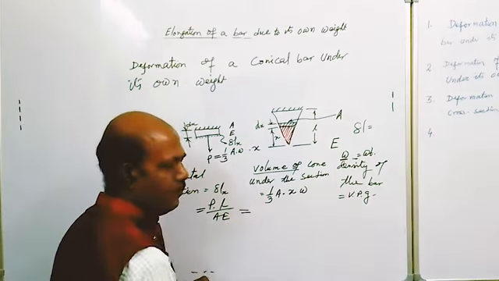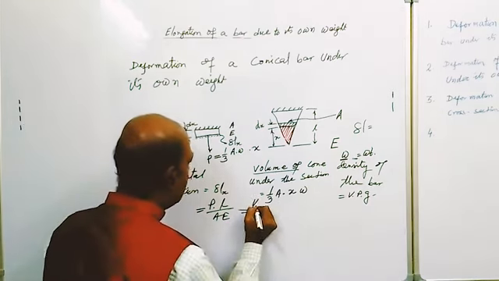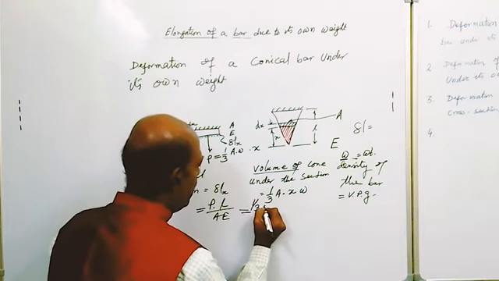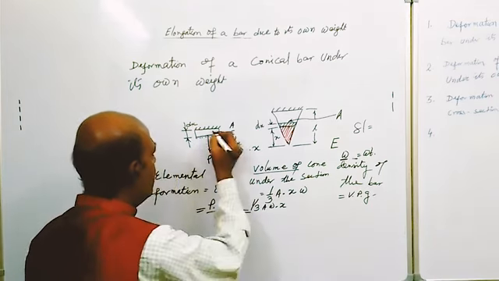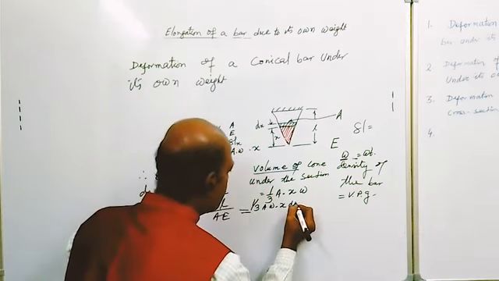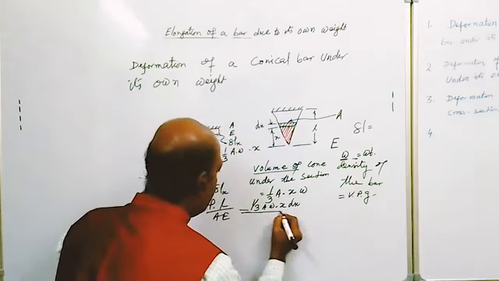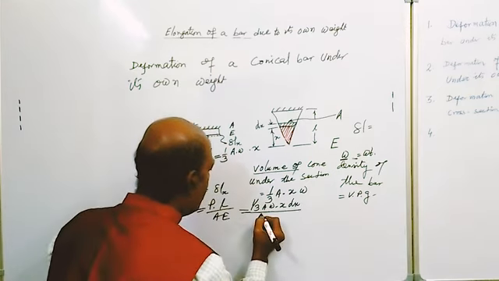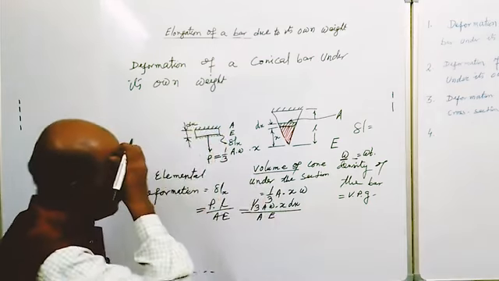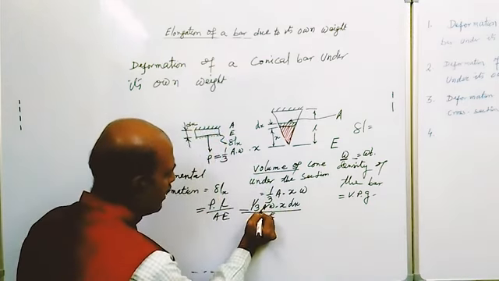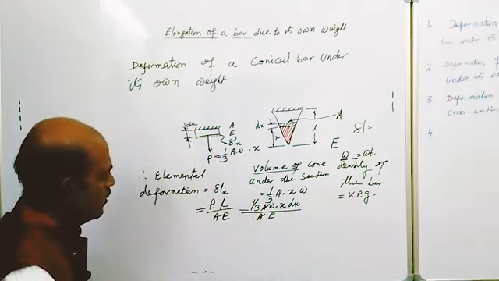We have got the P value, that is 1/3 into A into W into x. The length of the element is dx, divided by A into E, the Young modulus of elasticity. Now you can see the A will cancel out from this equation.